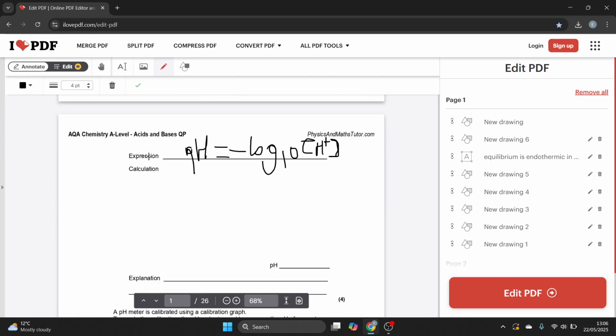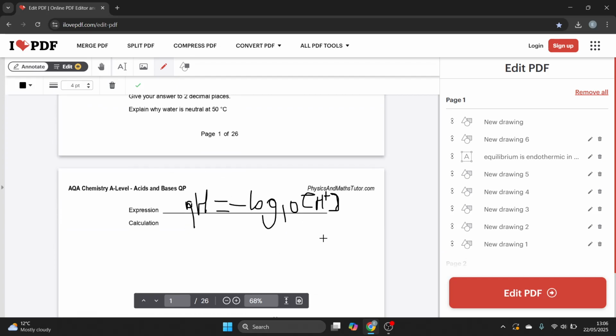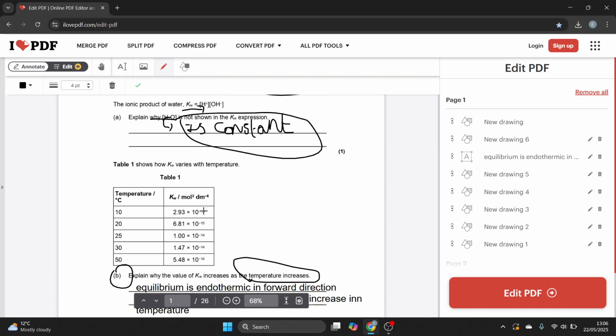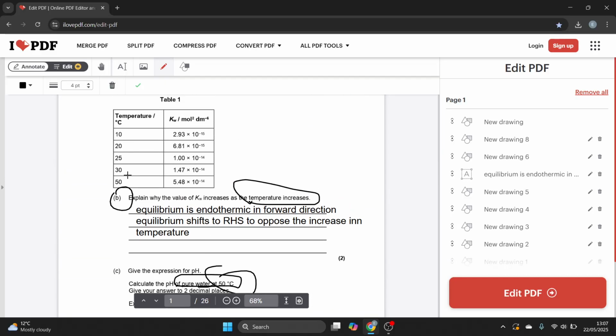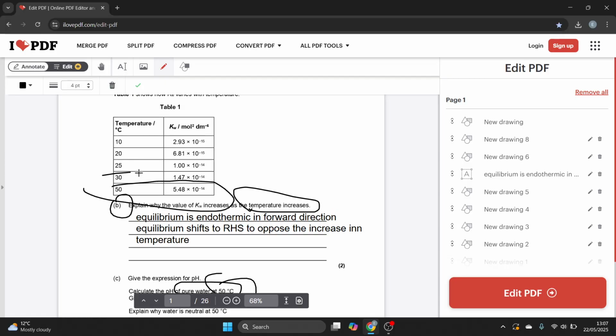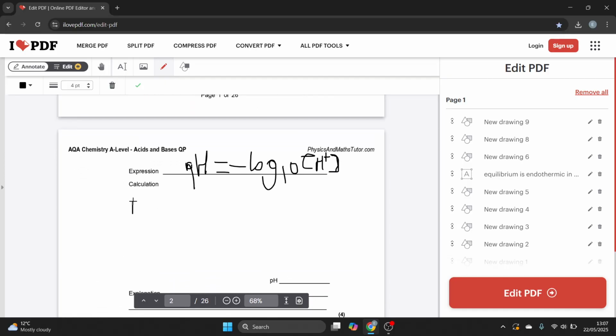So how do I calculate pH? pH is minus log10 of H plus, and I'm given KW at 50 degrees Celsius. So I'm going to write this down: KW equals concentration of H plus times concentration of OH minus.